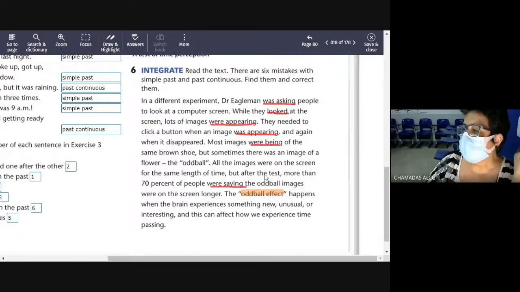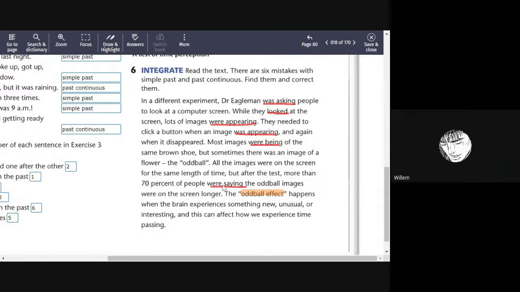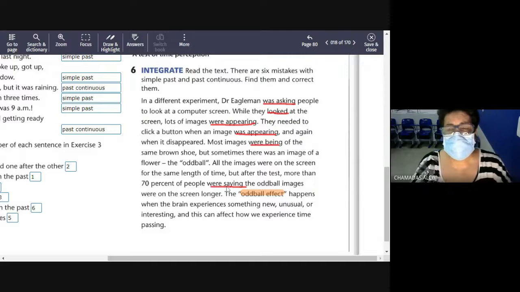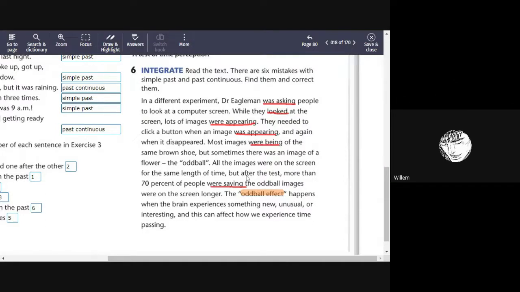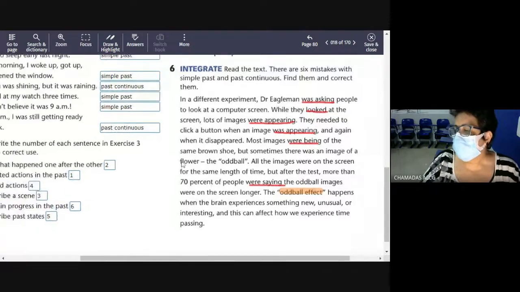Okay. But after the test, more than 70% of people said the oddball images were on the screen longer. Why? Here, we have to use the simple past because I'm talking about a sequence of events. Look, a sequence.